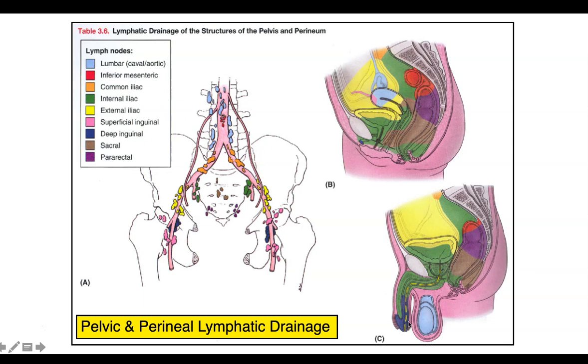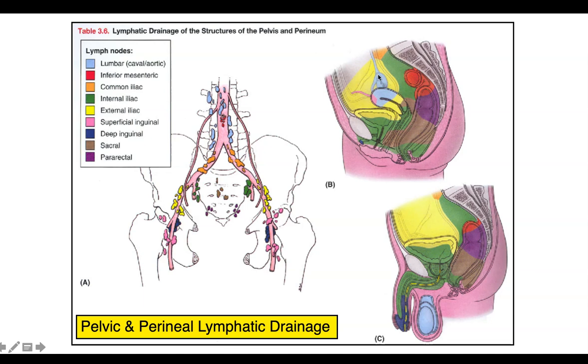The important thing is that the testis, the ovaries and the upper part of the uterus drain into the lumbar, or what we call the caval or aortic lymph nodes, because the testis and ovary develop initially in the lumbar region.